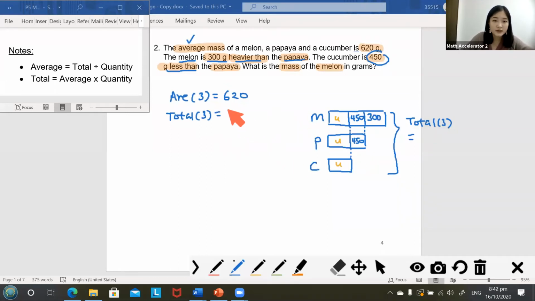Okay, good. 620 times 3. Because our quantity in this case is the number of items. Melon, papaya, and cucumber. We have 3 of it. So we times 3. 1,860. Okay, so we can fill it into our model here.